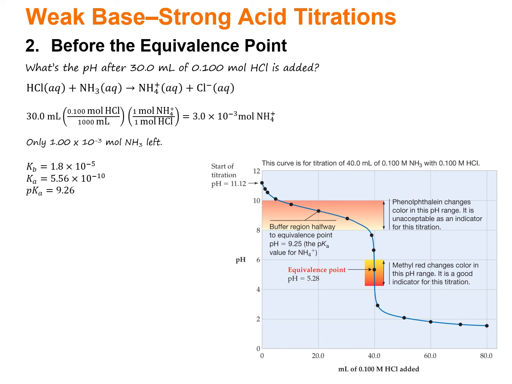Using 10 to the minus 14 over that value, we can figure out that the Ka is 5.56 times 10 to the minus 10, which then when we look at the pKa, yields 9.26. The pH then, using the Henderson-Hasselbalch equation, is 9.26 plus the log of the ratio of the weak base over the weak acid, which is 1 times 10 to the minus 3 over 3 times 10 to the minus 3. That yields a pH of 8.78.